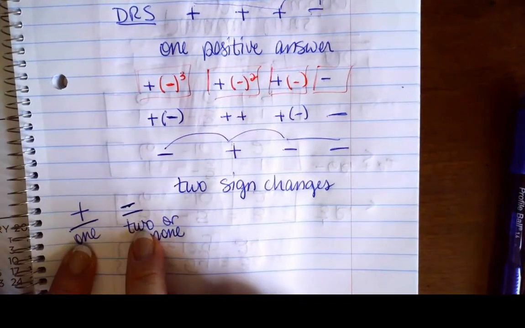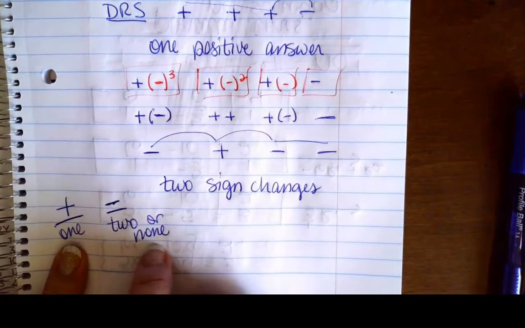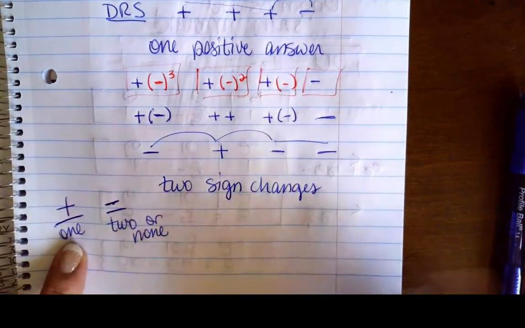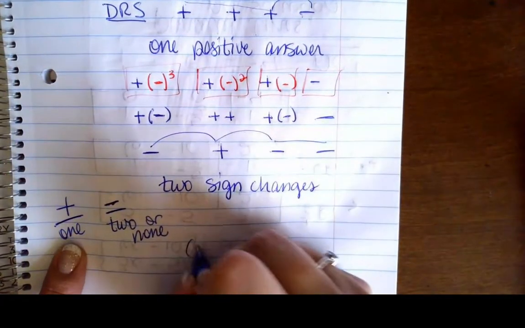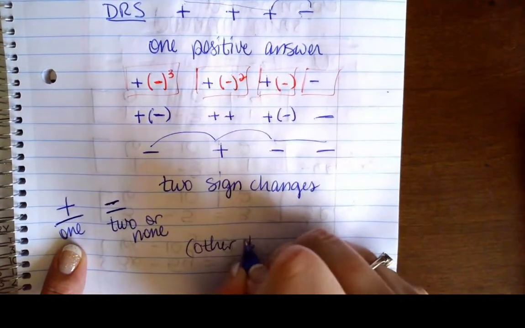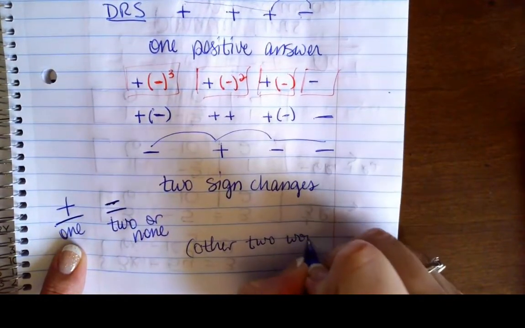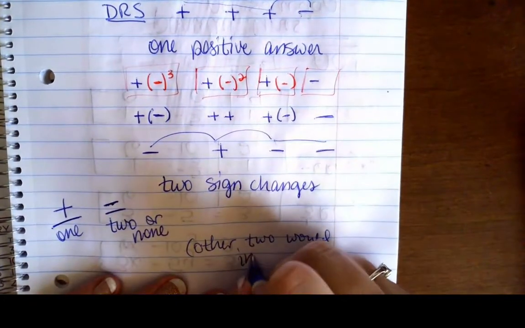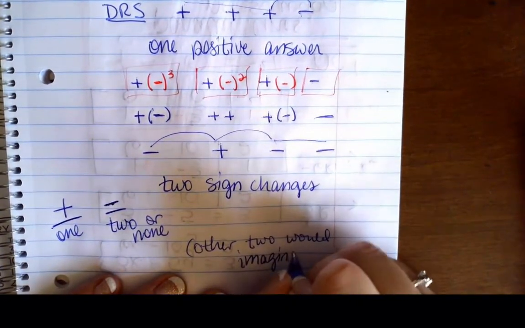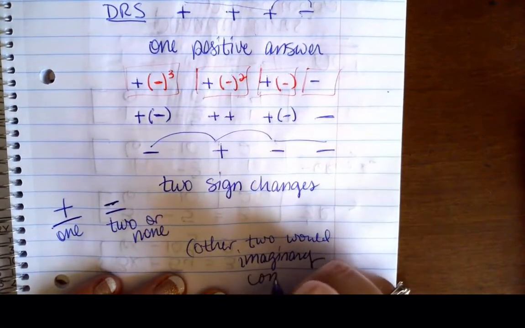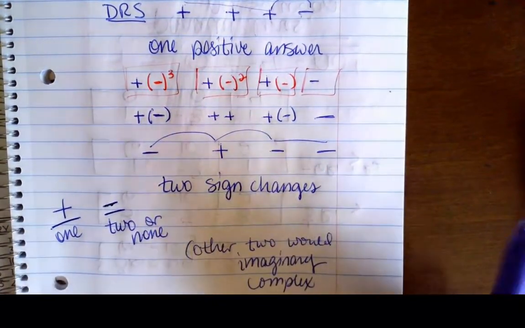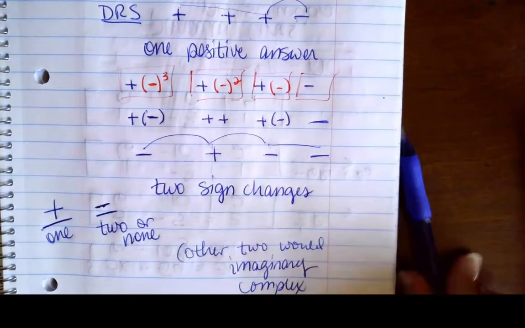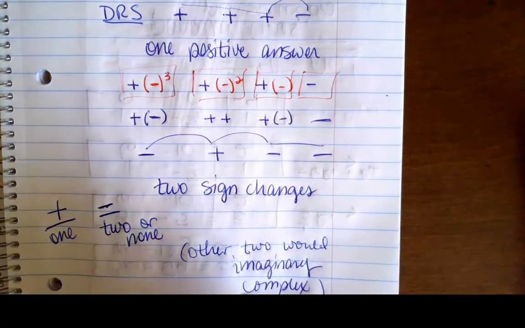If I've got 1 positive and 2 negative, that's going to give me my 3 solutions. If I've got one positive and no negative, that means the other 2 would be complex, which is the plus or minus imaginary stuff. They would be imaginary solutions or complex solutions. And it's just easier to say complex. Okay, so that's what I know.